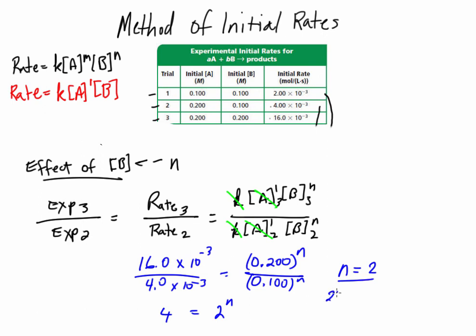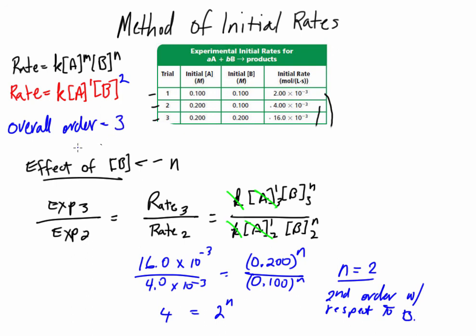So we say that it's second order with respect to B. And the overall order is third order: overall order equals 3. So it's first order with respect to A, and second order with respect to B.